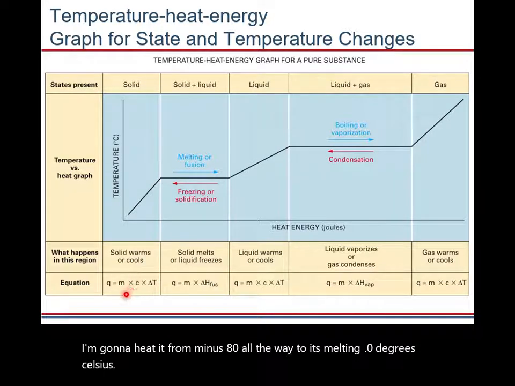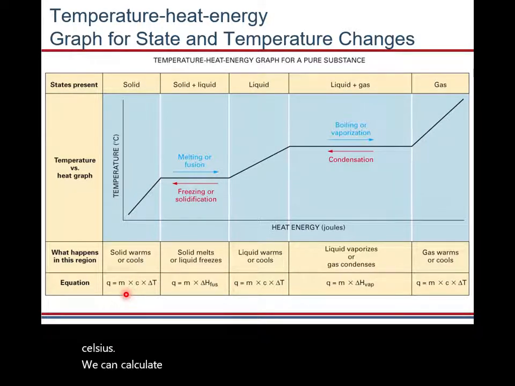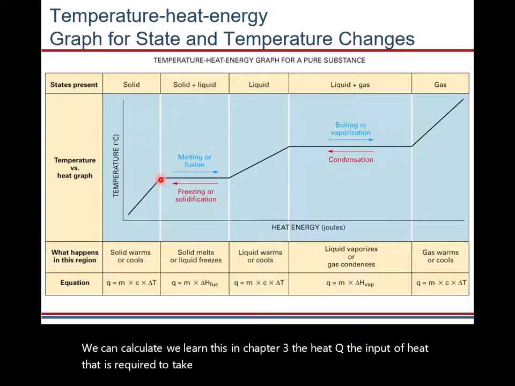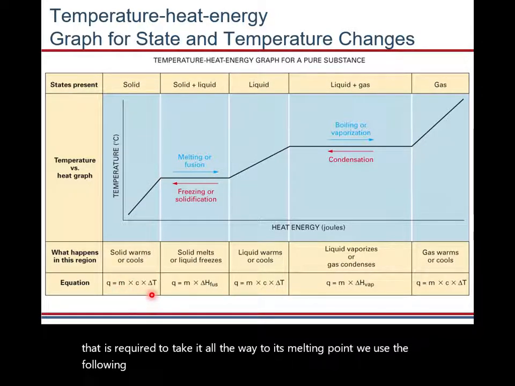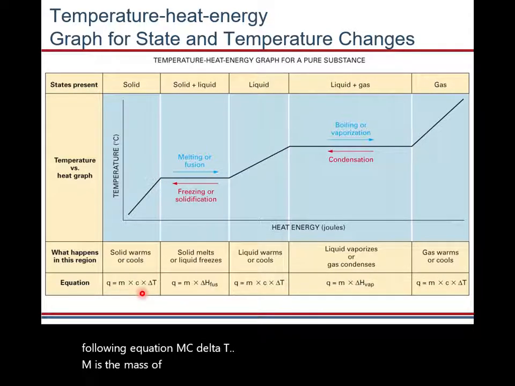We can calculate, we learned this in chapter 3, the heat, Q, the input of heat that is required to take it all the way to its melting point. We use the following equation, mc delta T. M is the mass of the substance, C is the specific heat capacity for the solid, and delta T is the change in temperature.